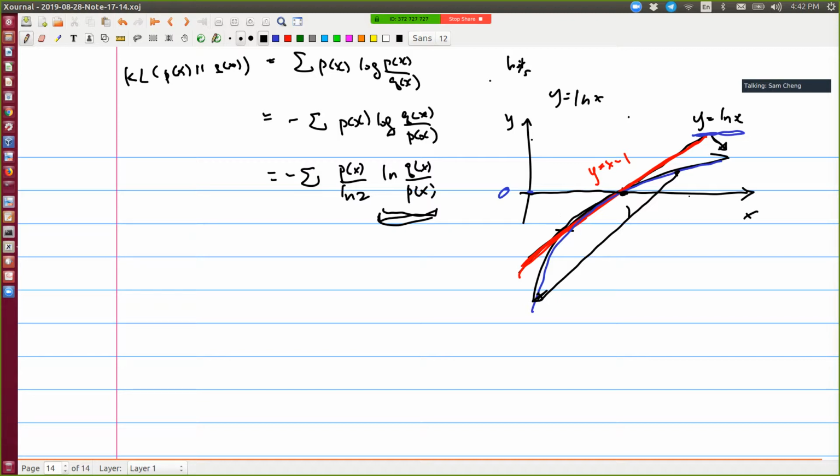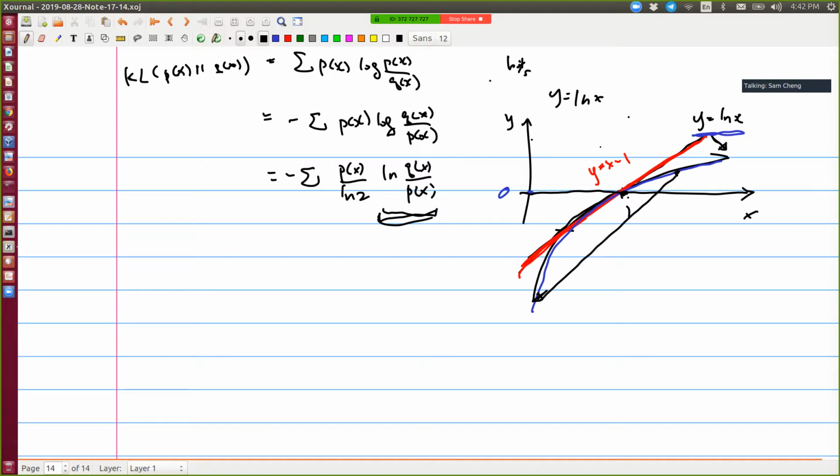So basically if you want to show this curve here is below this line, what we need to show is just that it overlaps with this line at the point x equal to 1, but at the same time it's tangential at this point, so the slope at x equal to 1 should be identical. This is also very easy to verify, right?